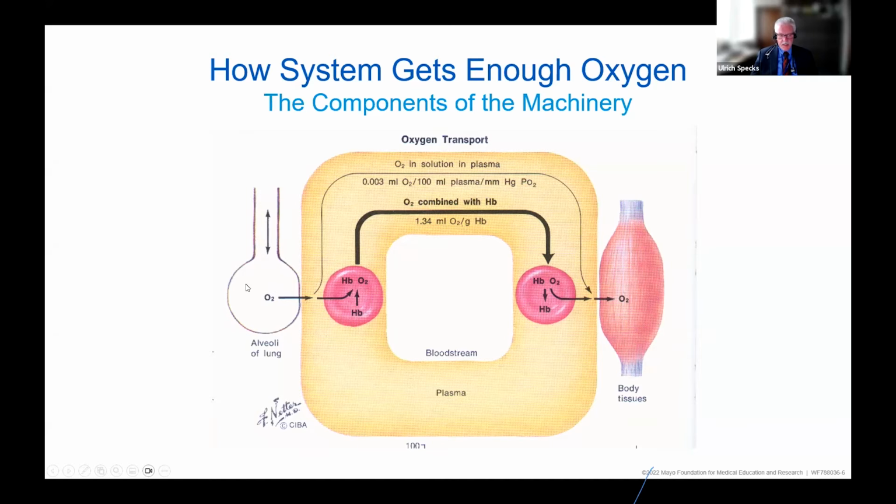The oxygen gets into this airspace, and then the oxygen transitions through a very thin lining out of the airspace in the lung into the vascular space in the lung, where the oxygen gets picked up by the red blood cells bound to hemoglobin and then transported by the heart over to the tissues, where it then gets released from the hemoglobin and diffuses into the tissue.